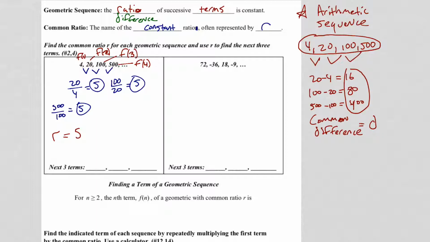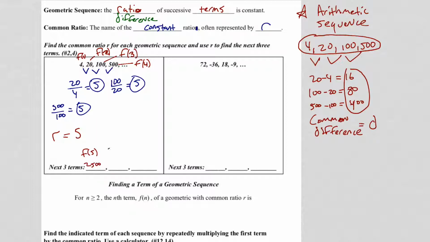So basically every successive term is going to be multiplied by 5, or going backwards, divided by 5. So the next term is going to be f of 5, right here. And what is 500 times 5? 2,500.